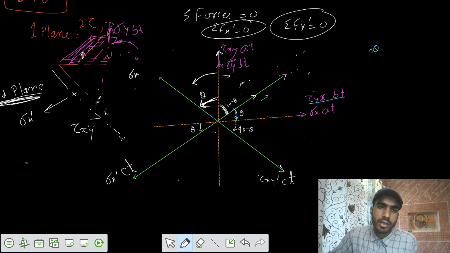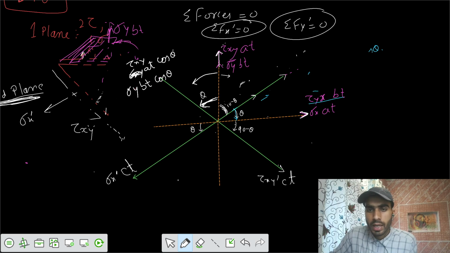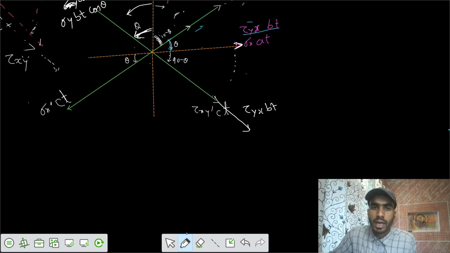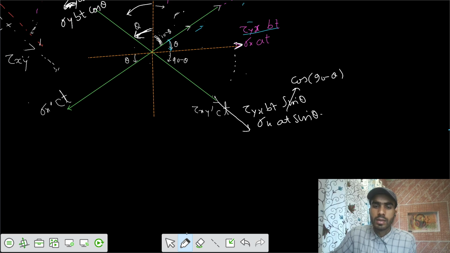So we can write this is tau xy at cos theta, and this one is sigma y bt cos theta, and we have these two forces acting along this direction. So we can resolve those two forces in this direction. This is tau yx bt sine theta, or we can write cos 90 minus theta, that is sine theta, and similarly sigma x at sine theta. So we got the forces.